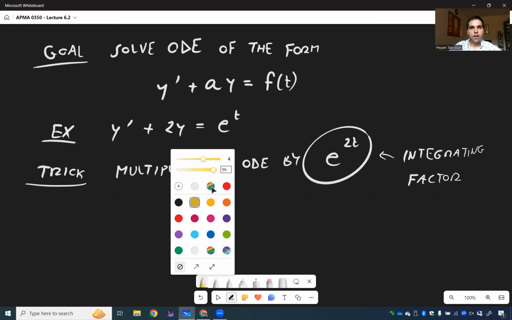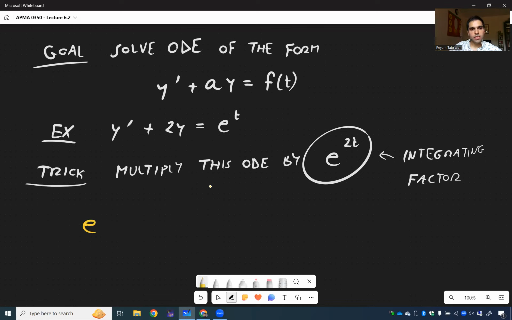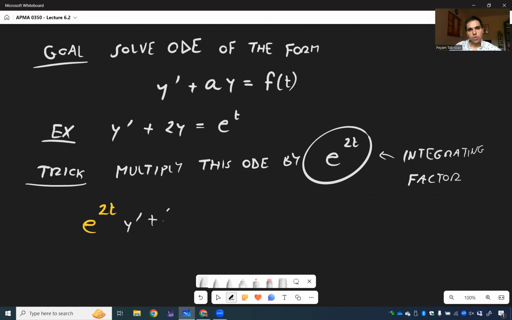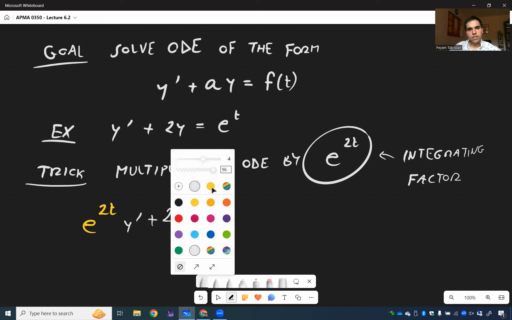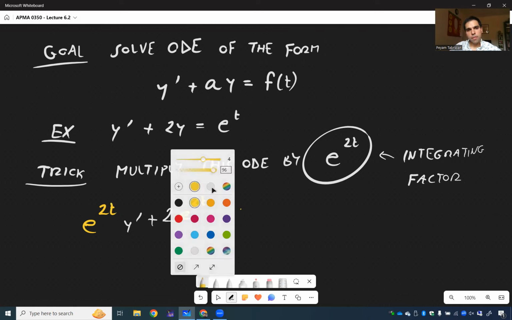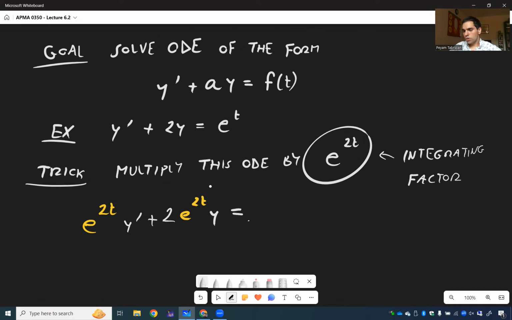So let's do that. We have e to the 2t y prime plus 2 e to the 2t y equals e to the t times e to the 2t.